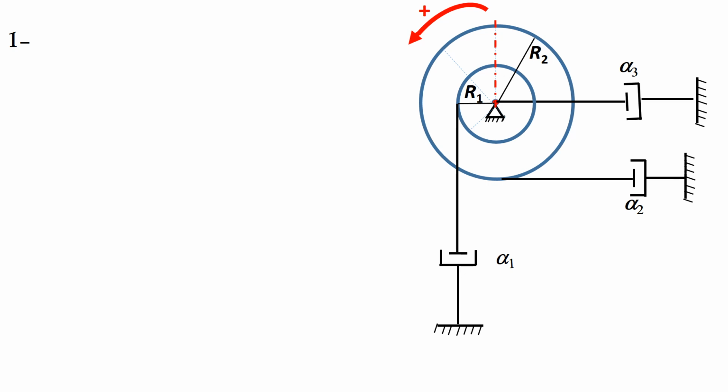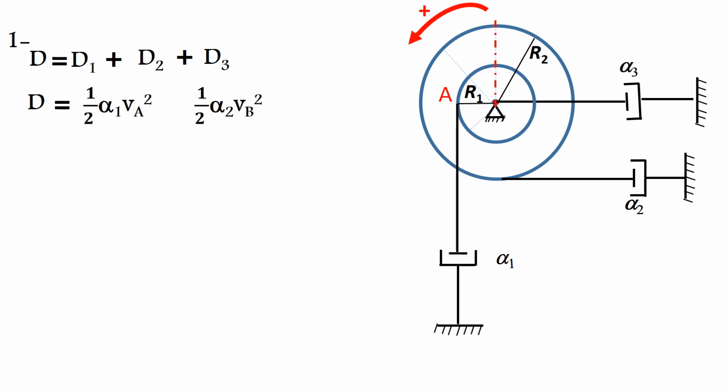For the second system, we have three dampers, D1 plus D2 plus D3, and A is here, B is here, and G is the center of the mass. Now, without redoing the explanation, the previous explanation is the same, so we can proceed directly by differentiating the displacement of the point A due to the rotation.